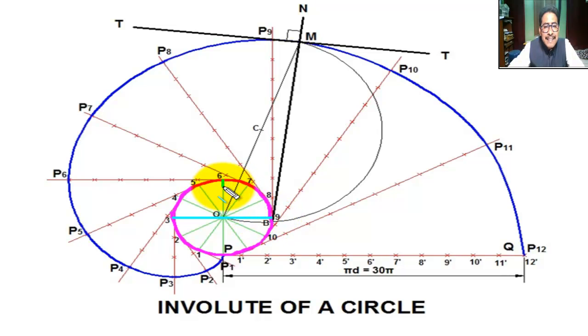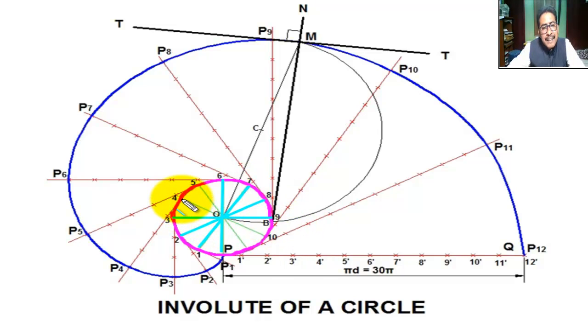X-axis, this is Y-axis. This is 30 degree angle, this is 60 degree angle with set square.